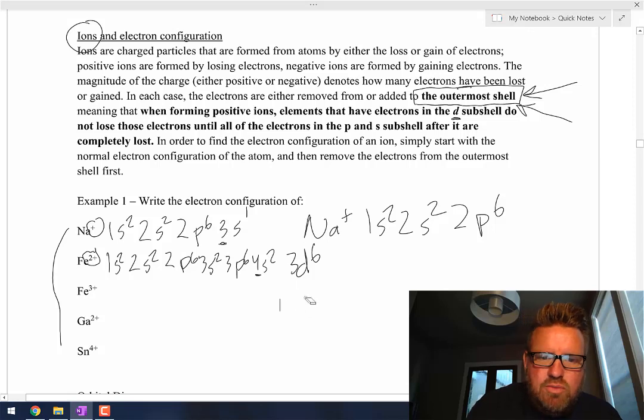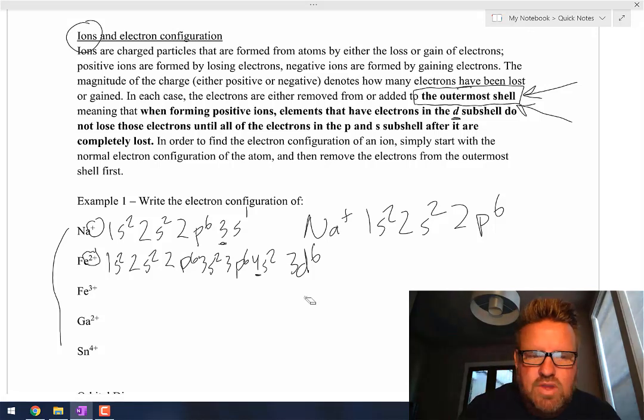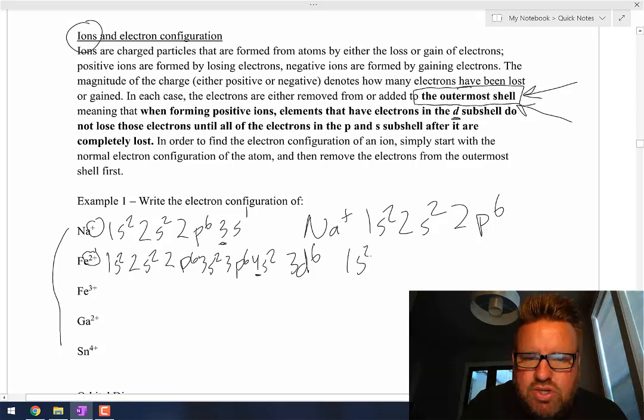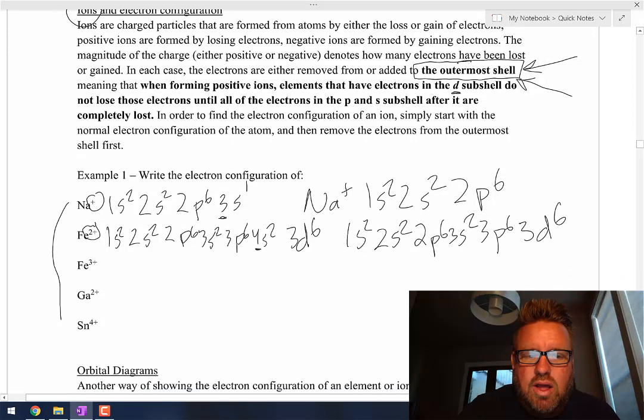You have to remove them from the outermost shell from the nucleus first. So iron with a +2 charge is just 1s2, 2s2, 2p6, 3s2, 3p6, 3d6. Notice all of those 4s2 electrons are gone.